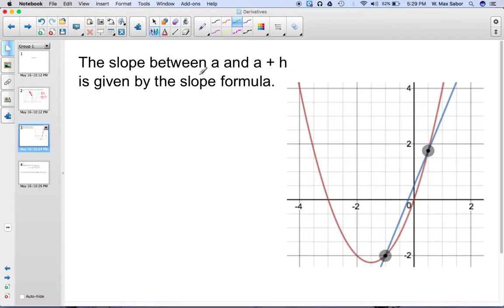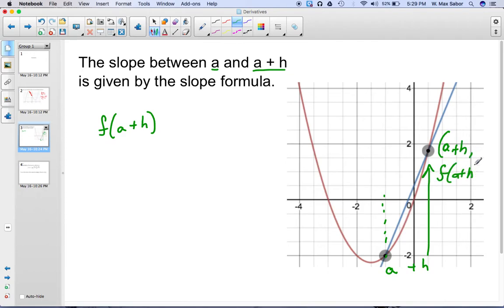So if we have the slope between a and a plus h, let's say here is the point whose x-coordinate is a, and then we add some h value to it, that would give us a plus h there. It's given by the slope formula. So we'd take a plus h, and the output there, this is (a plus h, f of a plus h), and this is (a, f of a). We'd find the slope between that.